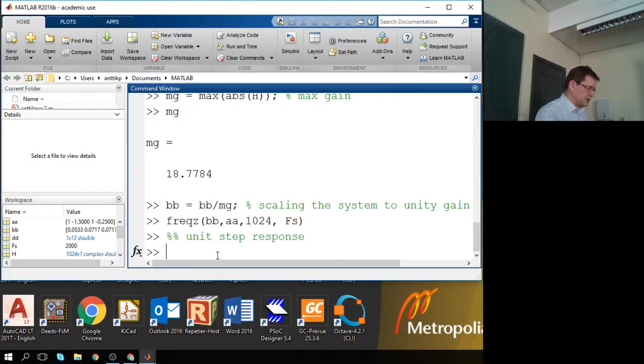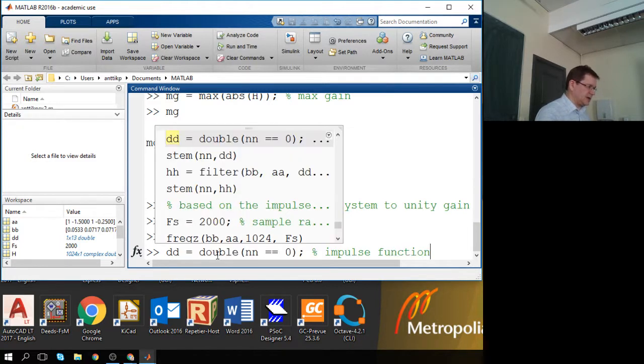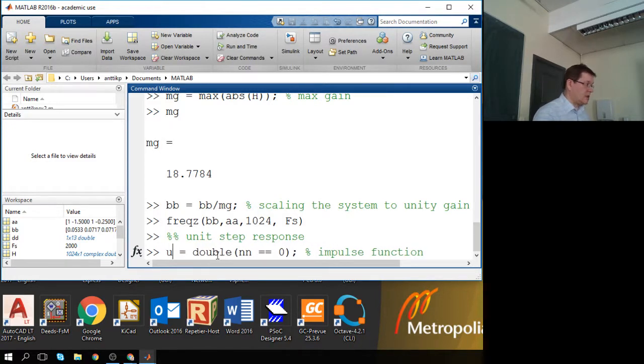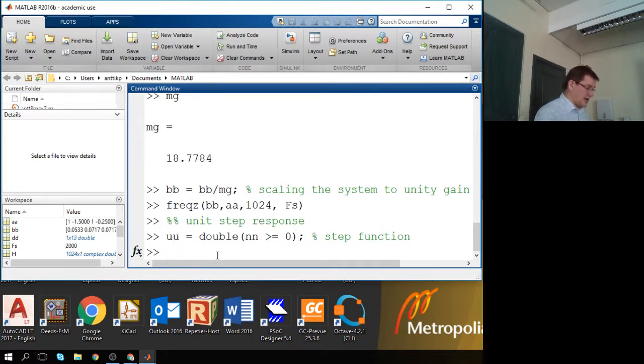How do I start it? Yes, I first need the step function. This is the step function. There. Okay, and then I can calculate, when I calculate this one, that was the impulse response, just replace that one with S and that one with the U. That will be then the step response.